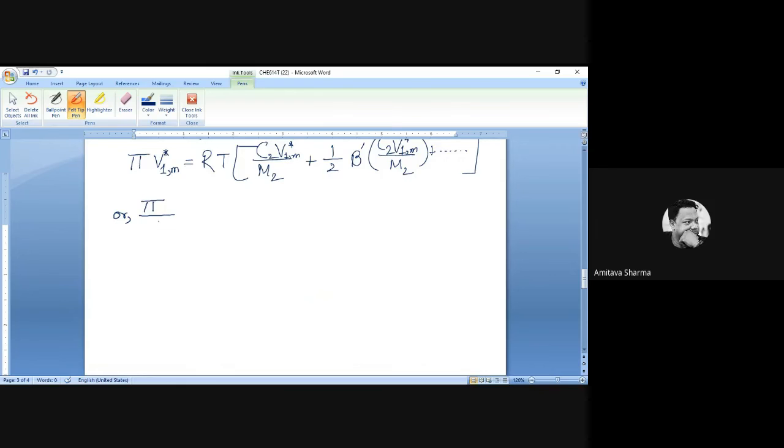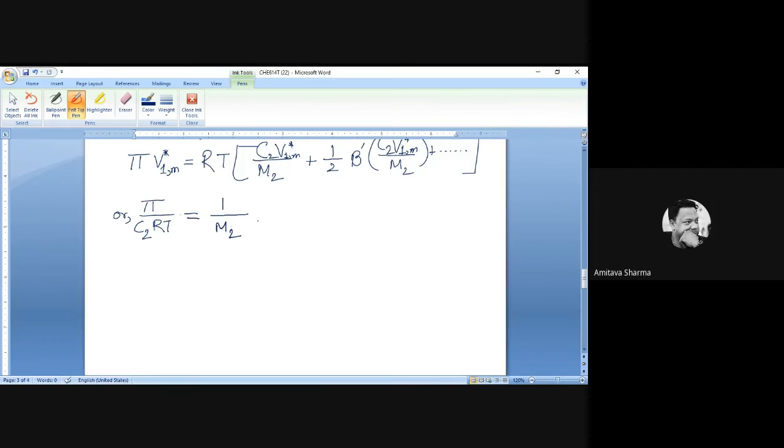So I can write C2 here and RT equals, so there is no C2 term present in the first term, in the first parenthesis, so it is only 1 by M2.